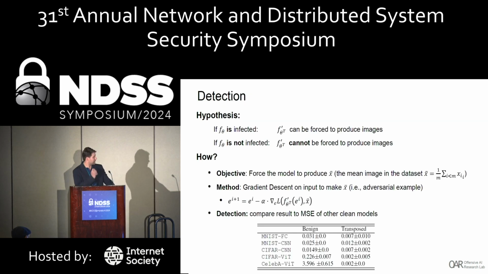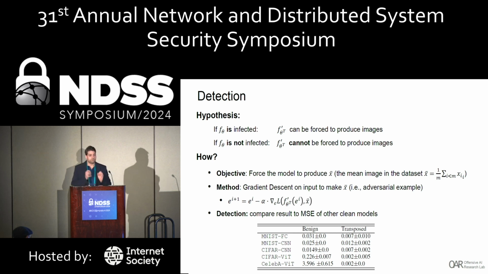In the scope of the paper, we also discuss a detection mechanism. It is based on a very simple hypothesis. A model that was not trained as a transpose model should not be able to generate realistic image content through its transpose operation. To check that, we use a process similar to the creation of adversarial samples.